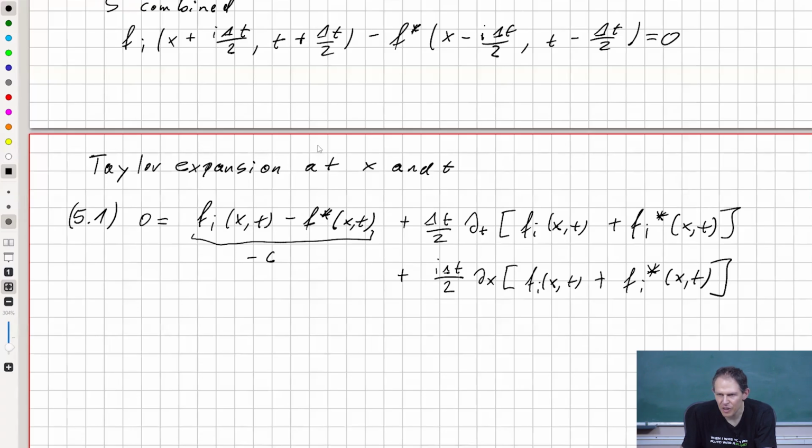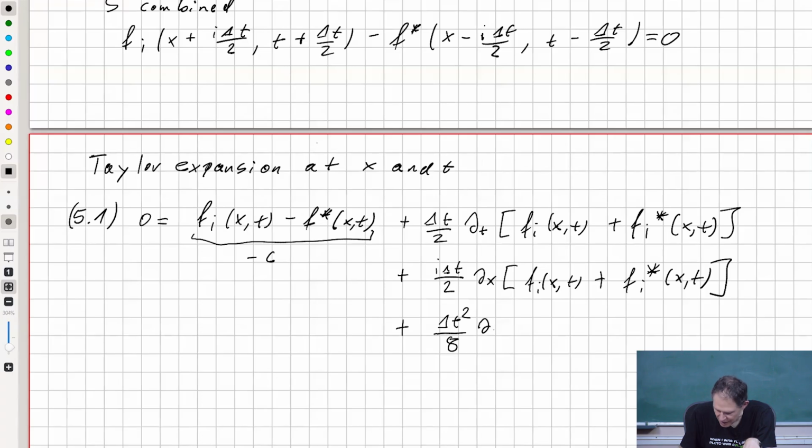So these are the first derivative. Then there are also second derivatives. Second derivative in time is Δt squared. Now we have 1/2 squared times 1/2 from the Taylor expansion. So I assume you're all familiar with how Taylor expansion works. So the second derivative will have 1/2 here, so it's 1/8, right?